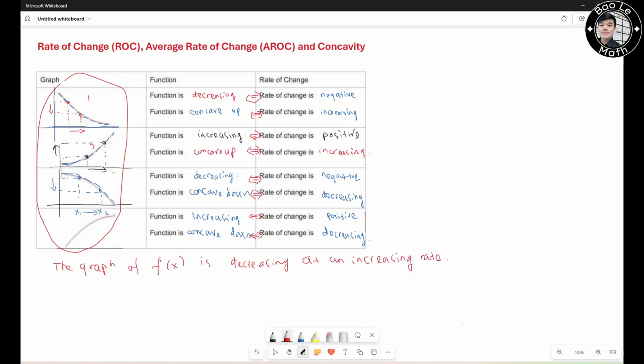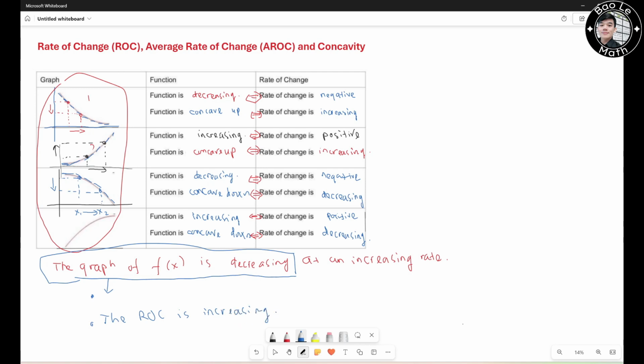Alright, so this is a complex sentence. We need to break it down into 2 simple sentences. Now, the first sentence should be the graph of f of s is decreasing. This is the first one. Now, the second one, the rate of change is increasing.